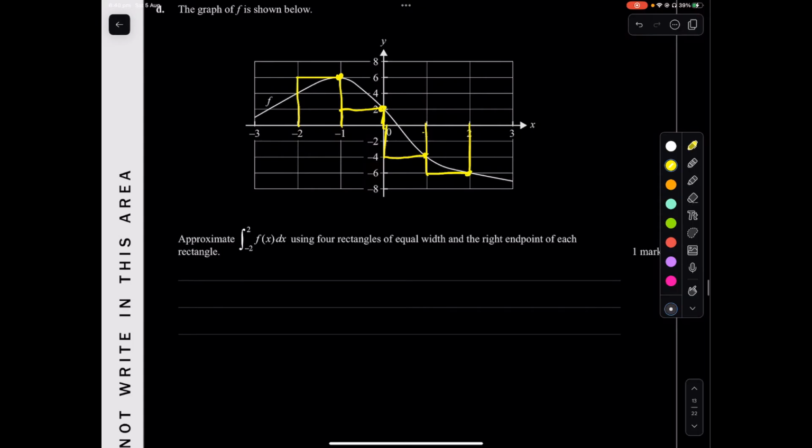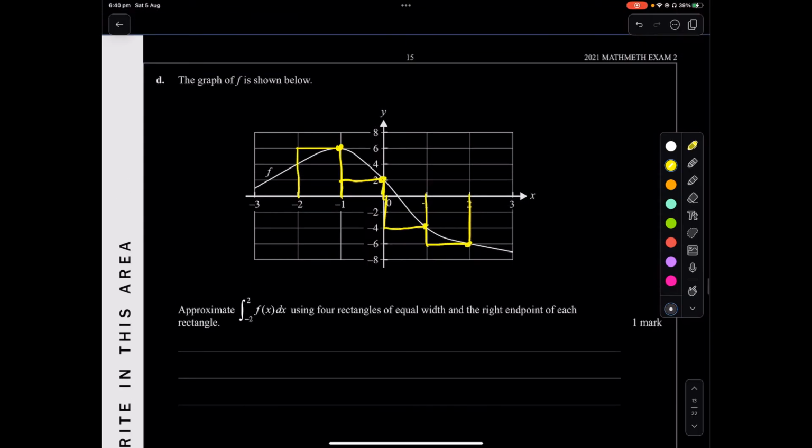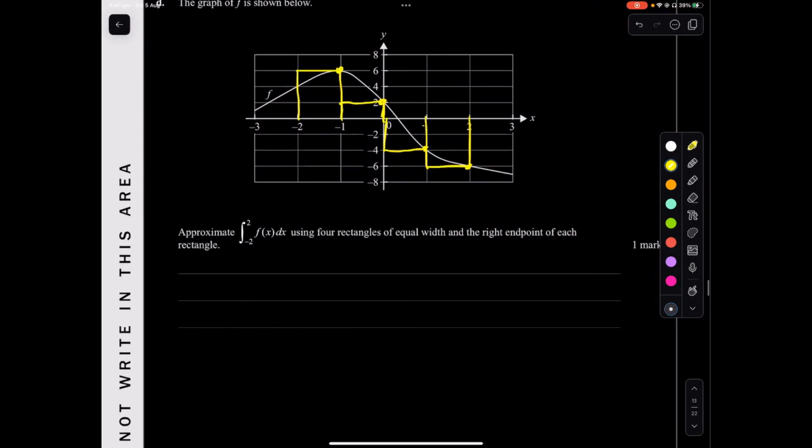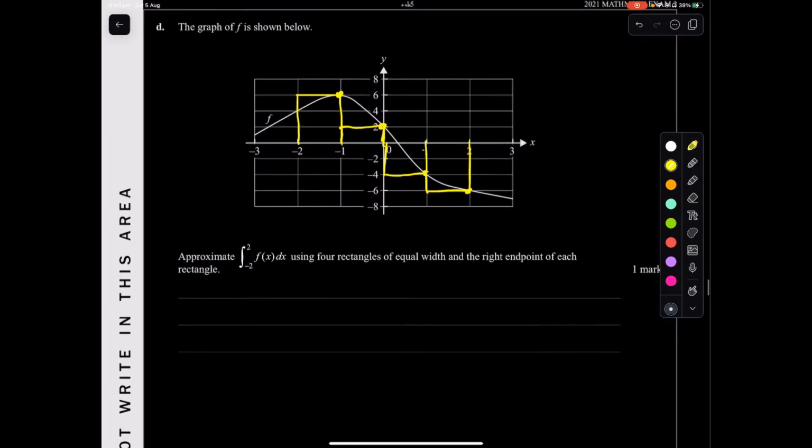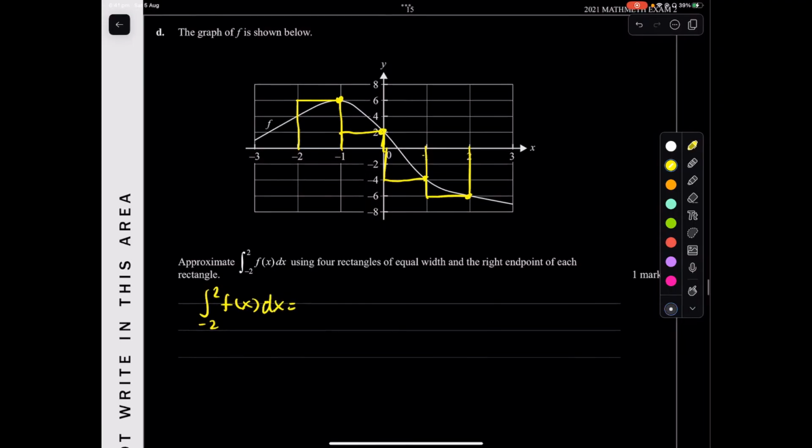Is this symmetrical? It looks symmetrical. So your area, the integral from -2 to 2 of f of x dx, is equal to what? Well, what is the width? The width is 1, so we'll just put 1 here.